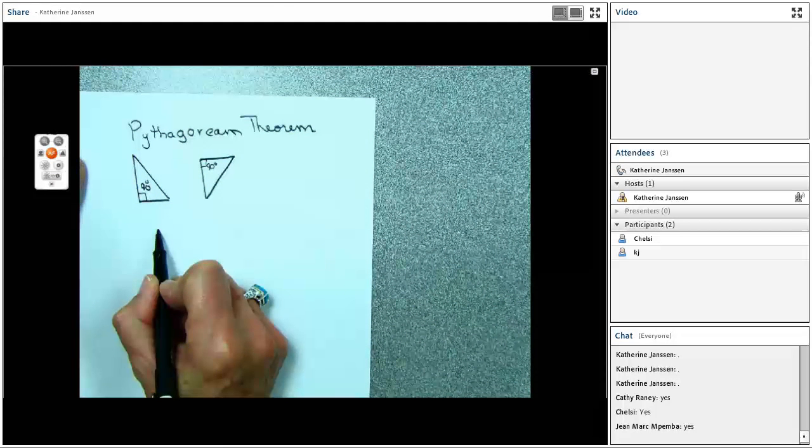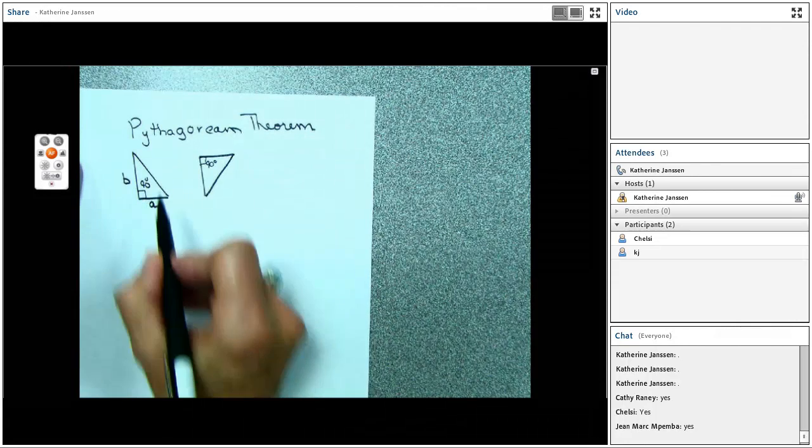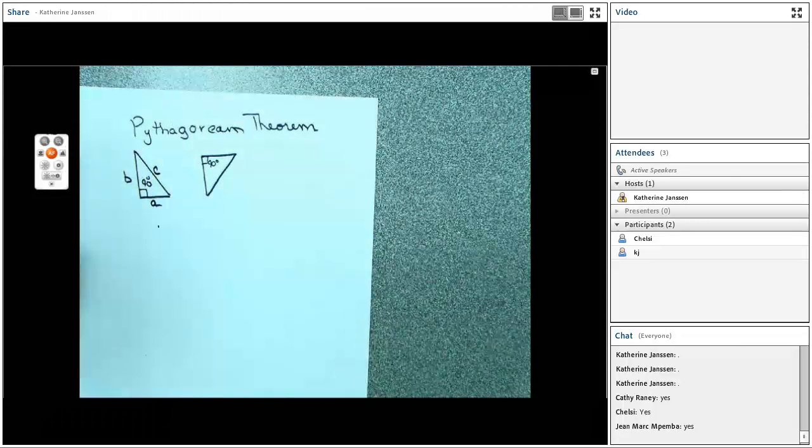So the Pythagorean theorem, we have the legs, and we call the longest side the hypotenuse.